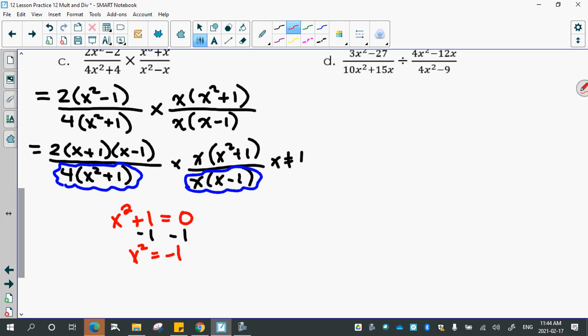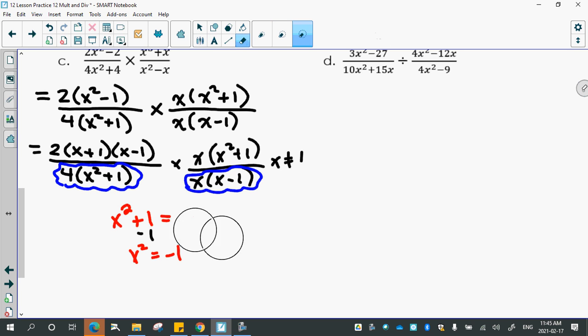Try squaring a negative number, you also get a positive. So there's no restriction that comes out of here. There's no number you can sub in for x that would make that bracket 0. If you sub 0, you're going to get 1. So that one doesn't have a restriction, which doesn't happen all that often, but you're aware of it.